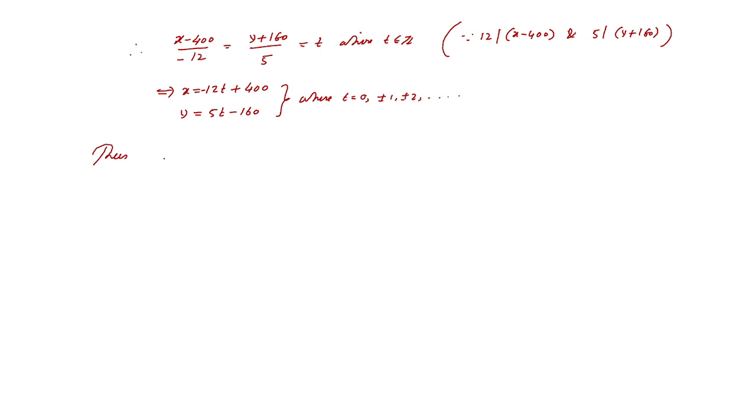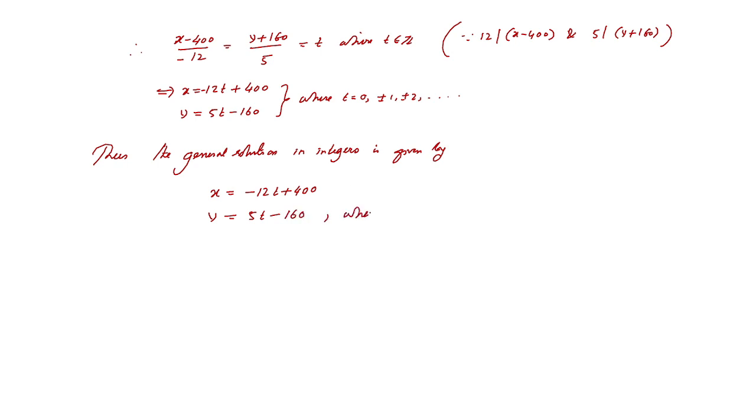Thus the general solution in integers is given by x equals minus 12t plus 400 and y equals 5t minus 160, where t is an integer: 0, plus minus 1, plus minus 2, plus minus 3, and so on.